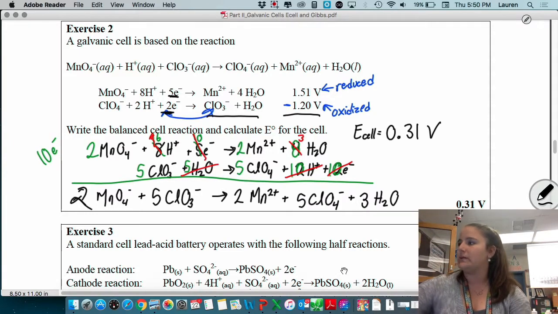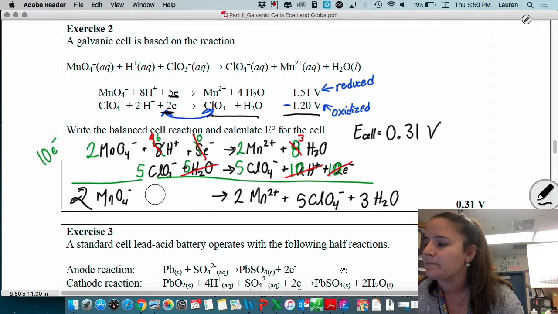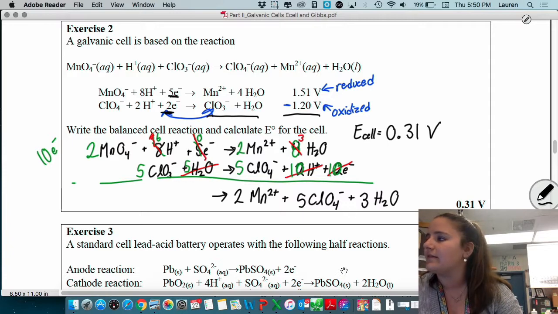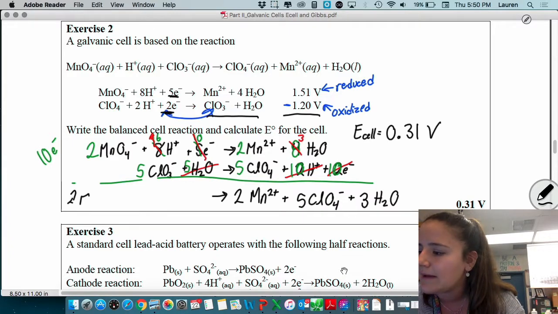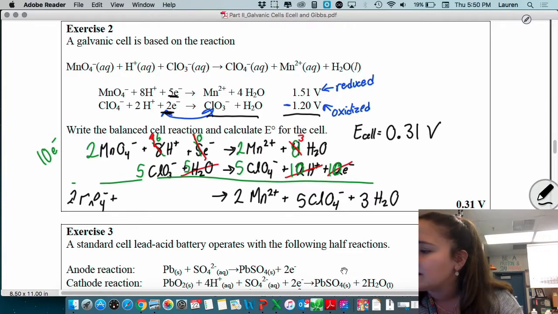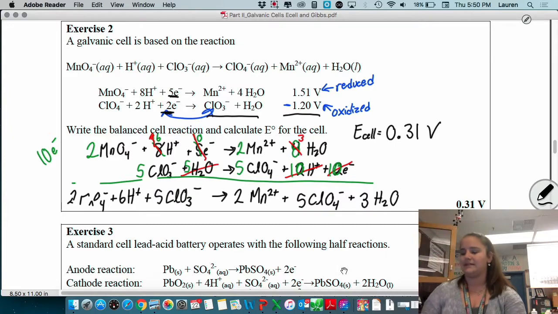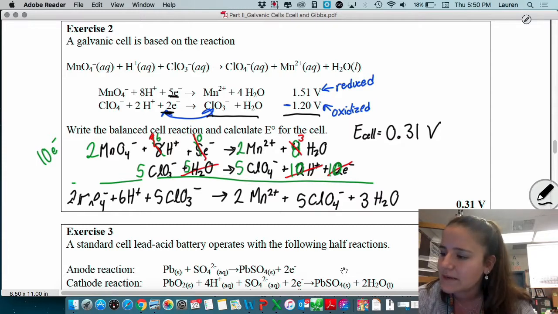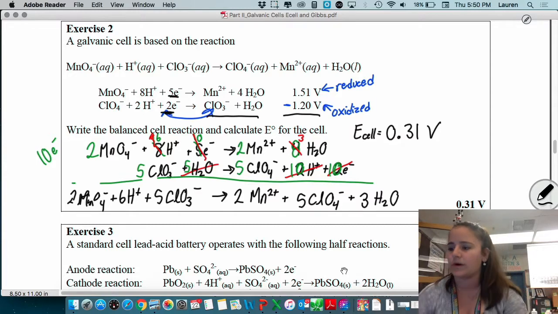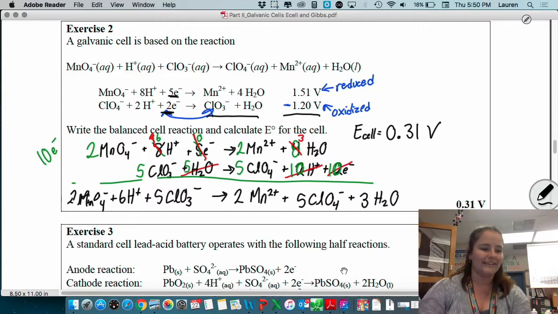Oopsies, I forgot my H pluses. Hold on, let me just rewrite the reactants again. 2 MnO4 minuses plus 6 H pluses plus 5 ClO3 minuses. Sorry, my pen's acting up a little bit in this corner, but you get the general idea. So there's our overall reaction.